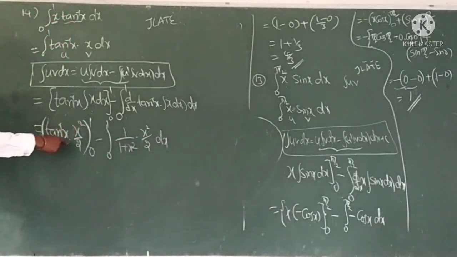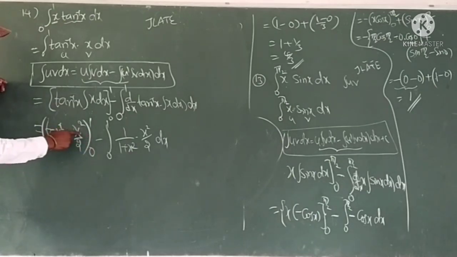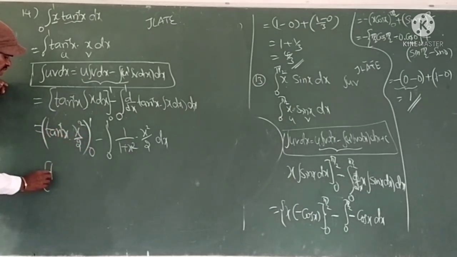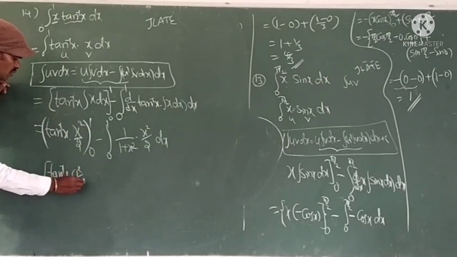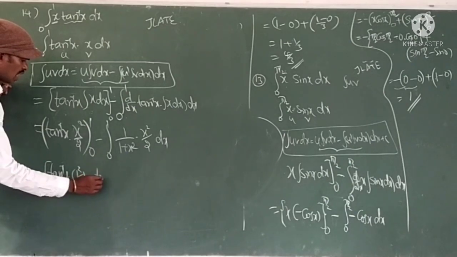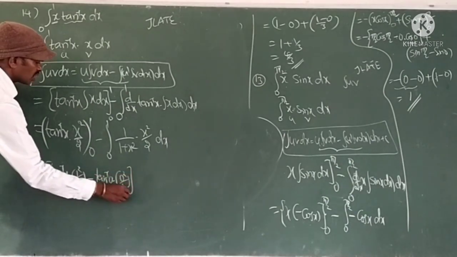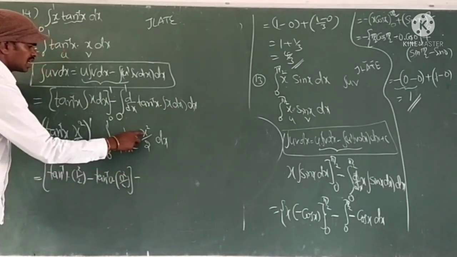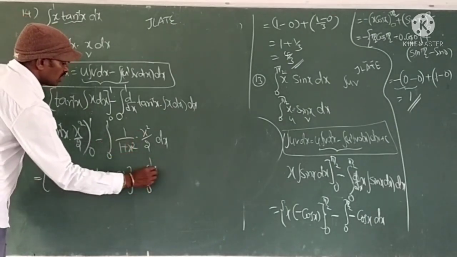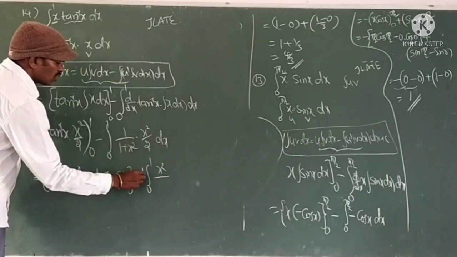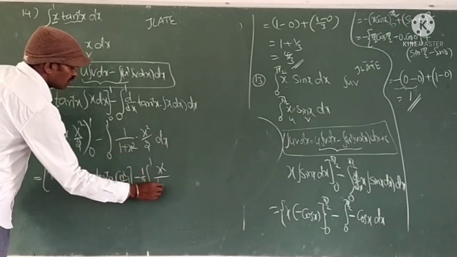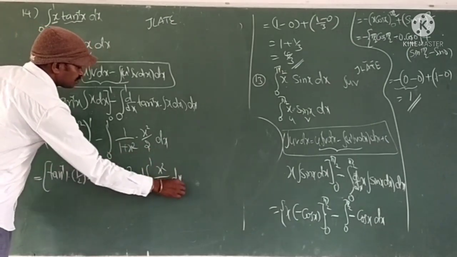So this is very simple. Substitute 1 in place of x and write minus, and substitute 0 in place of x. So we get tan inverse 1 into 1 square by 2 minus tan inverse 0 into 0 square by 2. Then minus integration 0 to 1, x square into 1 by 2 we can write outside as a constant term, by 1 plus x square dx.